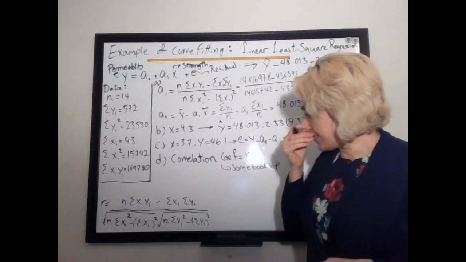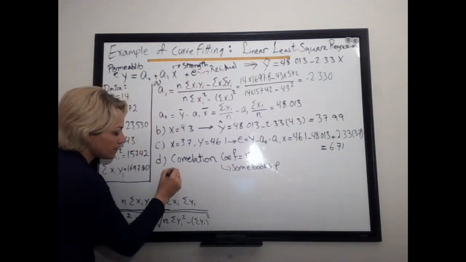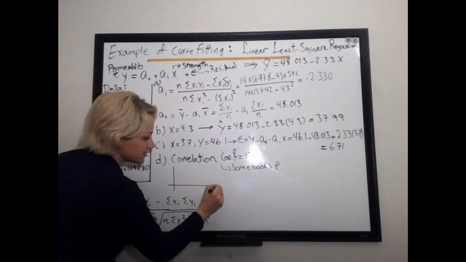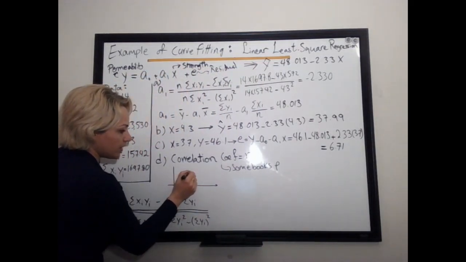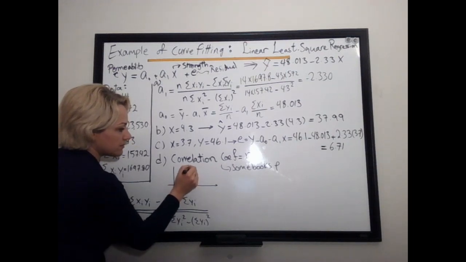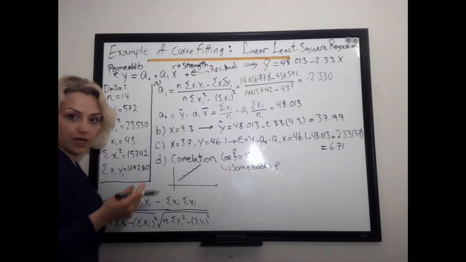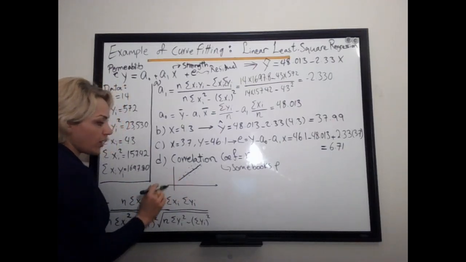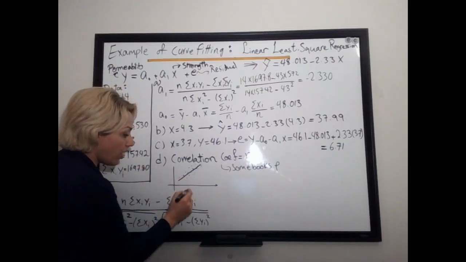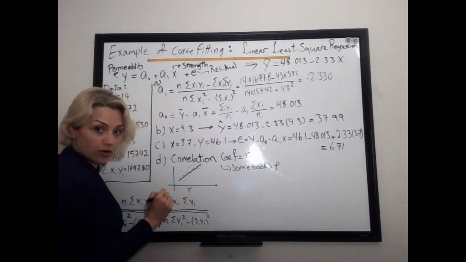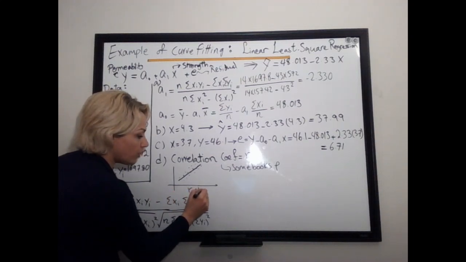So for example, look at here. If I have something like this, like these are my data points, and then I would have a prediction line like this. With this one, probably the R, or the correlation coefficient, is close to 1.